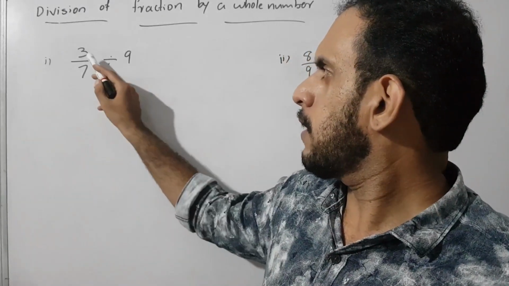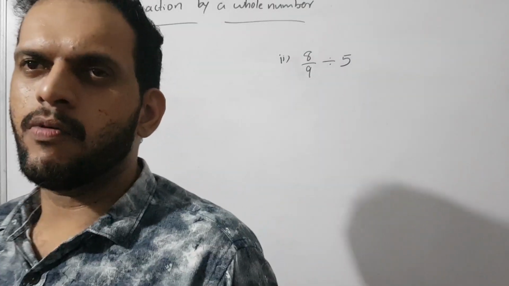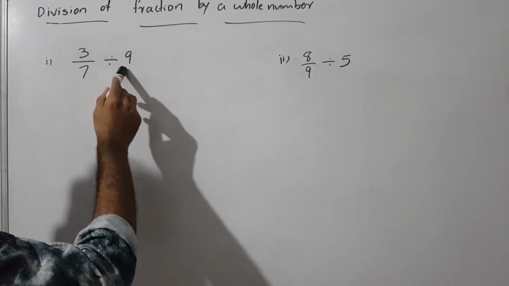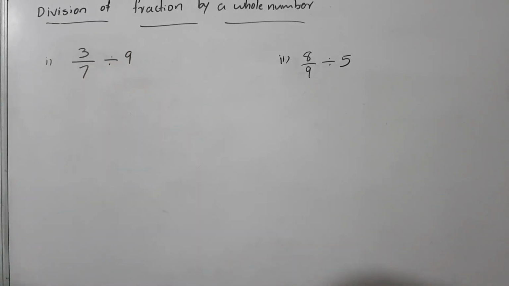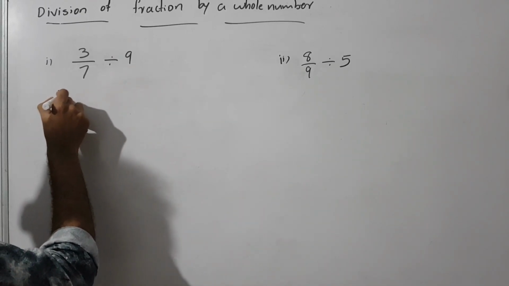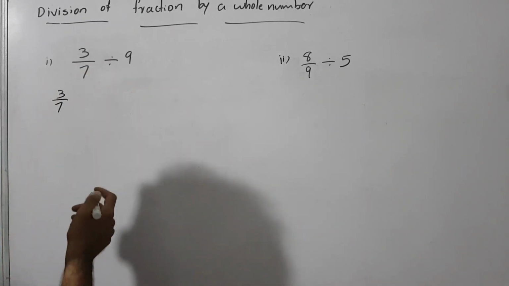Okay. Here, 3 by 7 divided by 9. First, as usual, we make the second number, that means the divisor, in the form of a fraction.